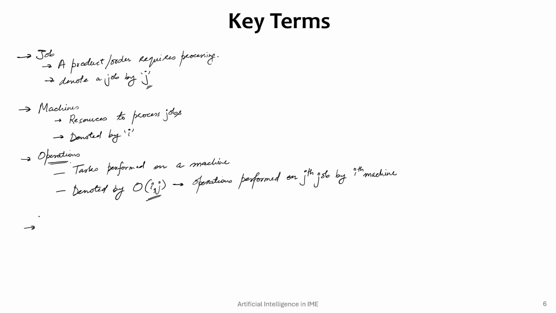Okay. The next thing is processing time. So this is the time needed for operations on a job by a machine.